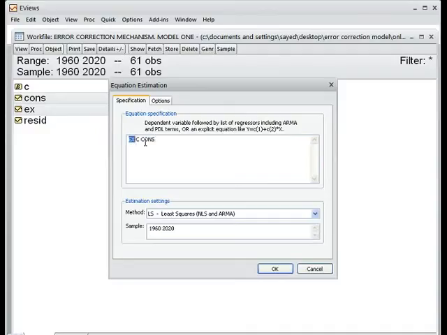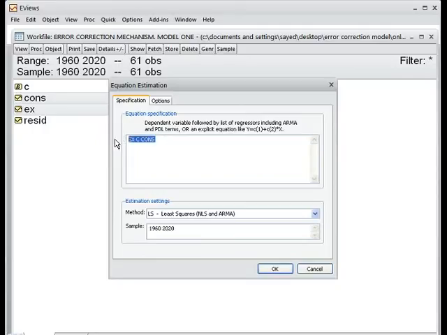Ex is the dependent variable, cons is the independent variable, and C is the constant. Both variables are non-stationary, but the first difference of these variables is stationary, that we assume, though we have not tested it.